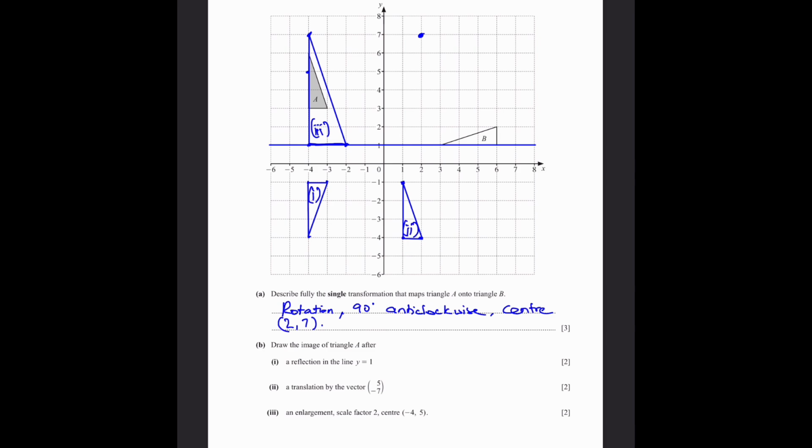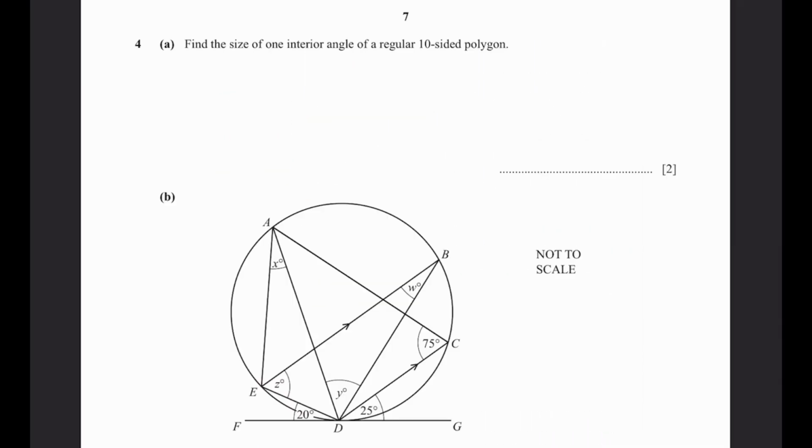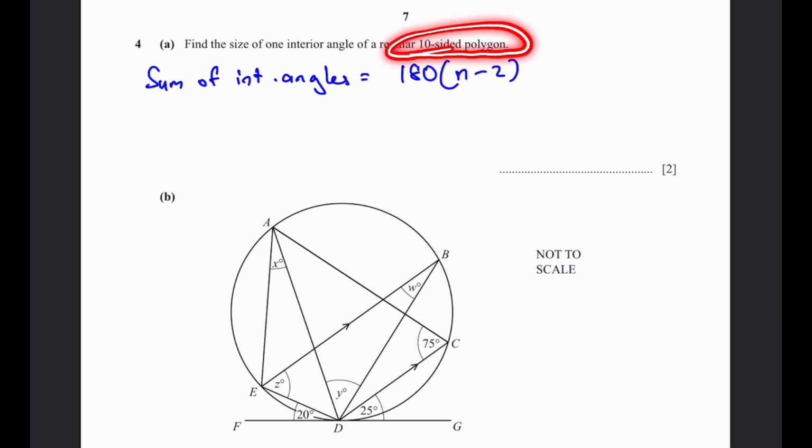Now going to question 4. A. Find the size of one interior angle of a regular 10-sided polygon. We have a formula for this, which makes this question quite straightforward. So the sum of these interior angles is going to be equal to 180 times (n - 2), where this n value is the number of sides of a polygon.